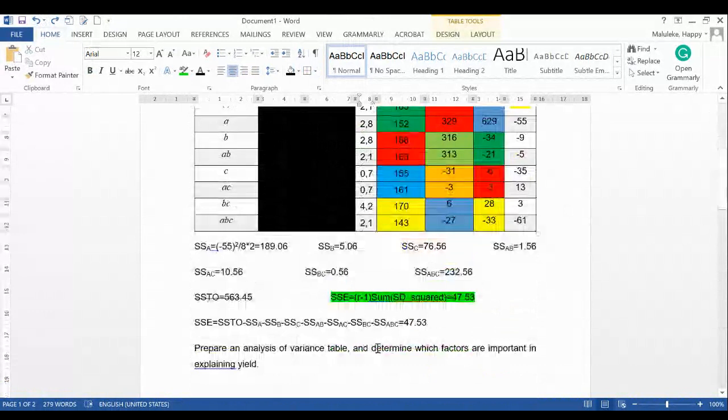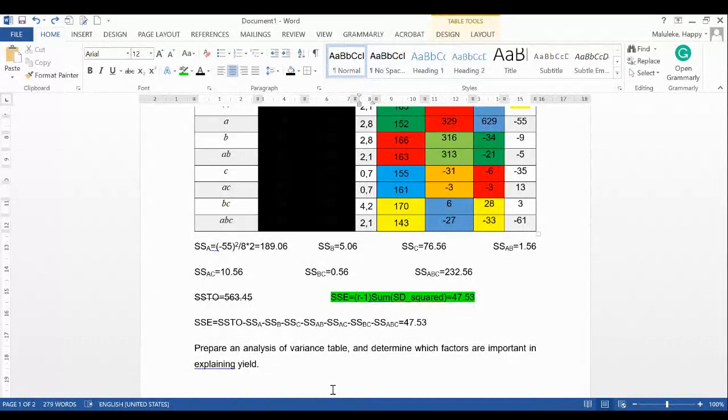So please, you answer the question. It says, determine which factors are important in explaining the yield. So you just indicate when you conclude. You don't have to conclude one by one. You list them. If factor A is significant, you say factor A, factor C, for the main effects, A and C. For the interactions, you indicate that A and B, A, B, C are the factors that are important in explaining the yield.